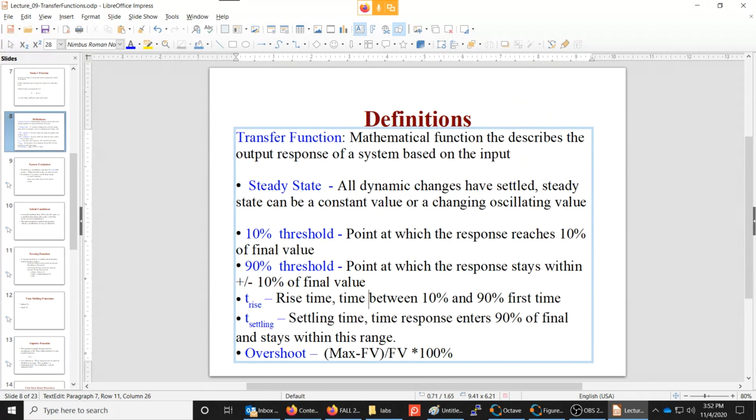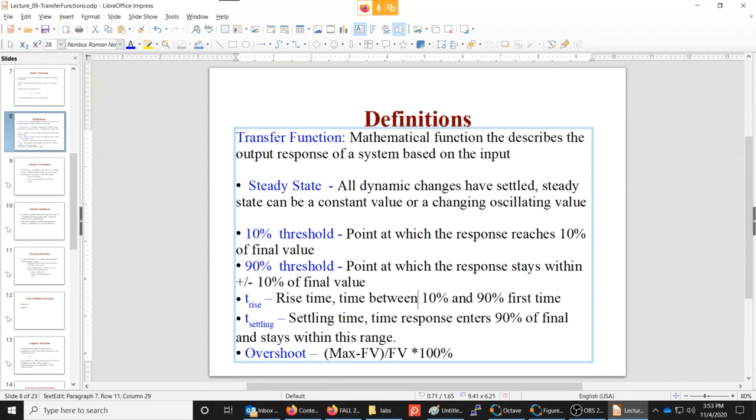So the rise time is the time it takes for it to go between 10% to 90% of the final settling value. Just when it crosses 90% the very first time, it may come back down and bounce around quite a bit.